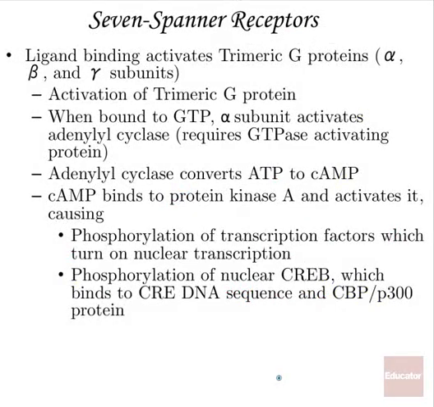All right. Now, we have other ways of regulating transcription, utilizing certain proteins called 7-spanner receptors. Now, what is a 7-spanner receptor? All right, if this is the cell membrane, we have a protein that crosses the cell membrane 7 times.